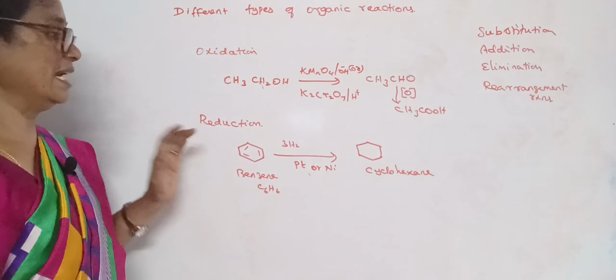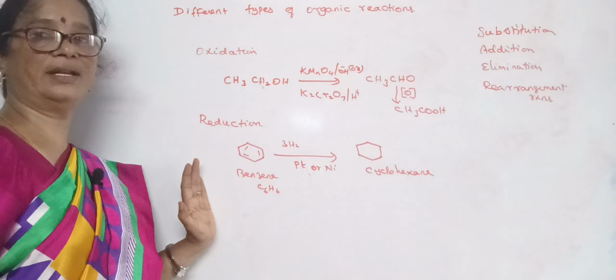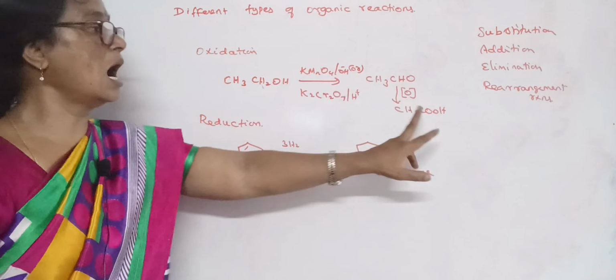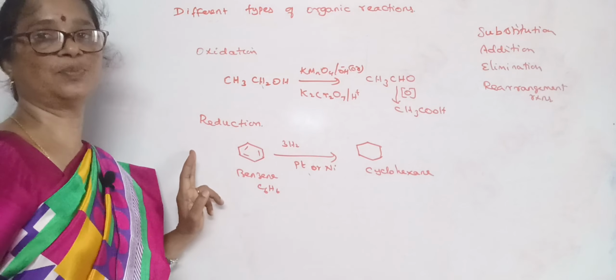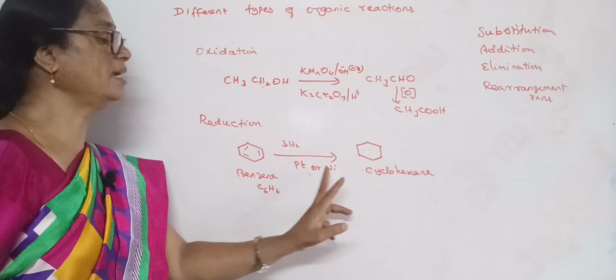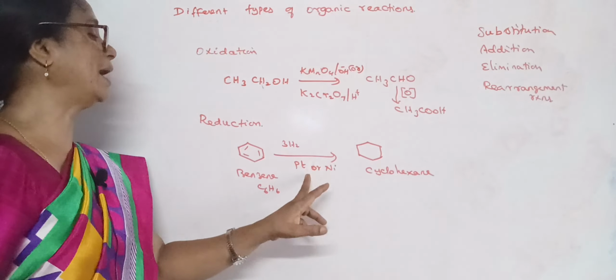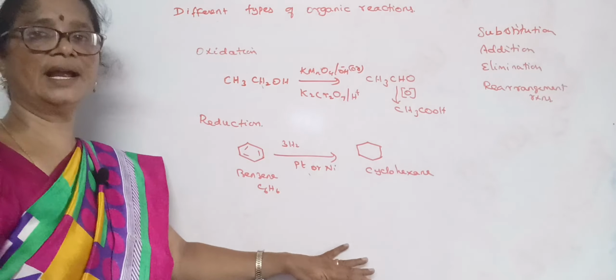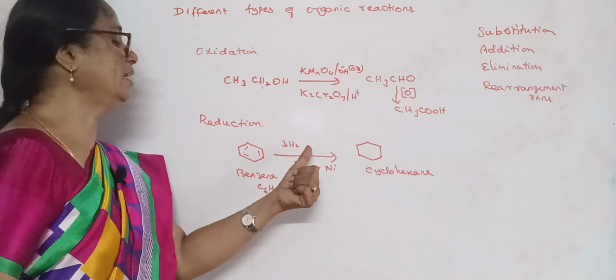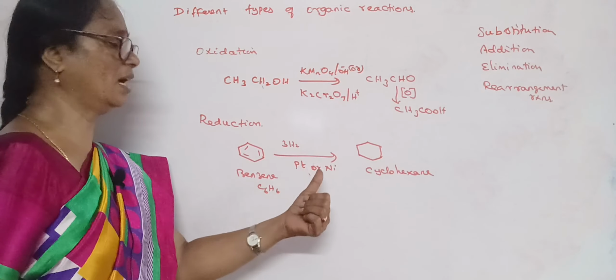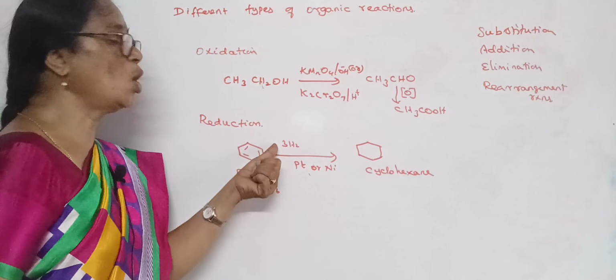Reduction, in which the addition of hydrogen takes place. In the previous case, addition of oxygen takes place. In reduction, addition of hydrogen takes place. That can be done by taking a metal catalyst like platinum or nickel. We have other hydride catalysts also. When benzene is reduced by platinum or nickel, the metal provides space to hold the hydrogen.